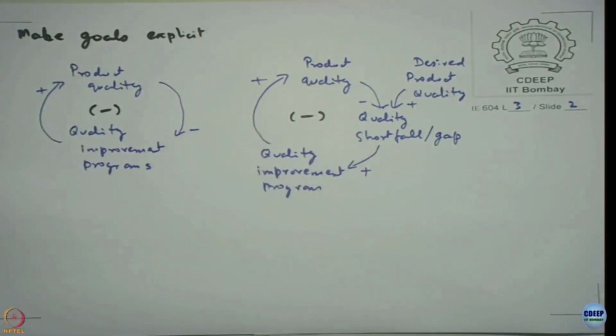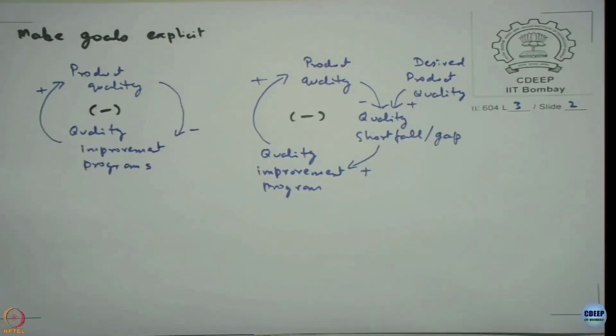Here, who determines the goal? Eventually, who will decide for any product? Who decides the quality? Consumer selects. Eventually, management decides.